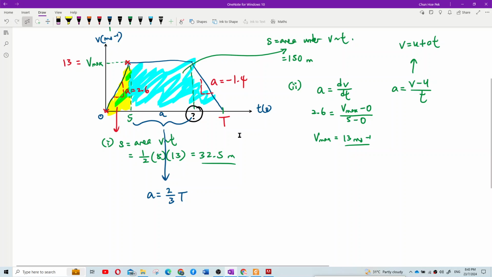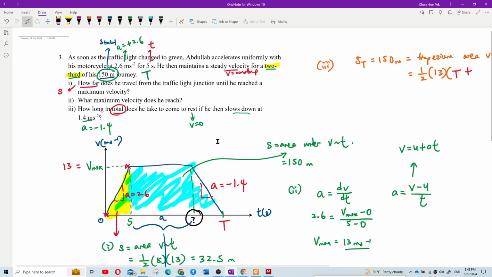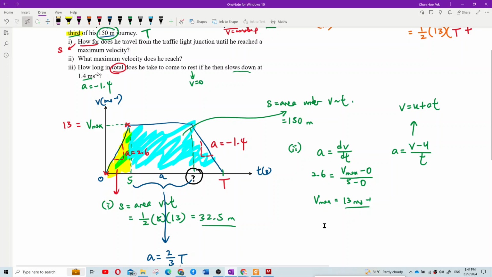So 5 seconds is 2/3 of the whole journey, with maximum velocity. I got this.